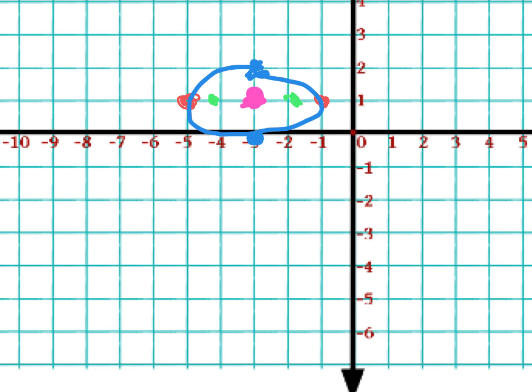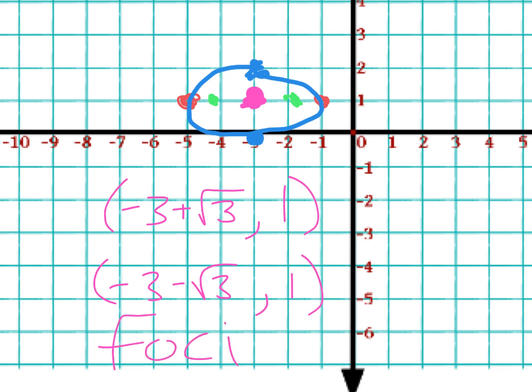So I would take -3 and add square root 3, just adding however much I'm going to the right. And then I'm still up at 1, so comma 1. For my left focus, I start at -3 and I'm going to the left, so I would do -3 minus square root 3, comma 1. So these are my 2 points for my foci.